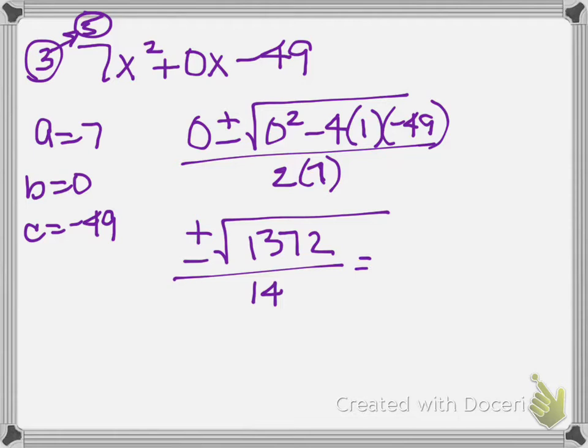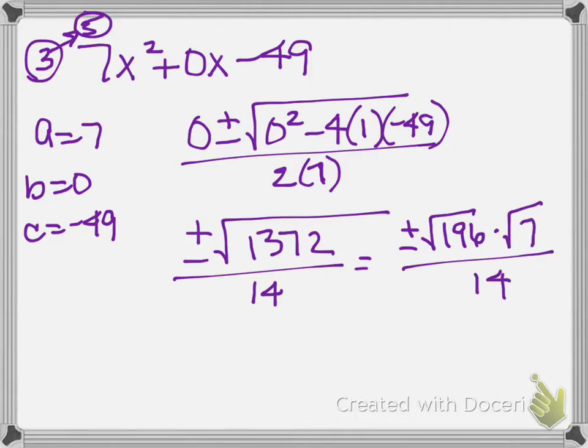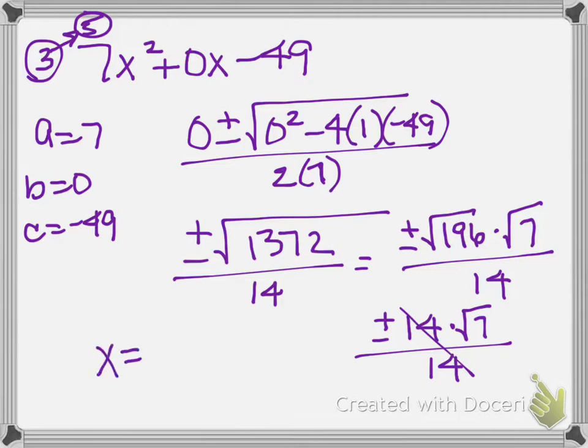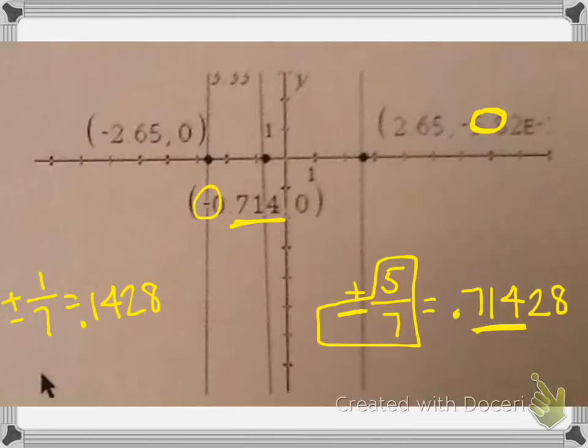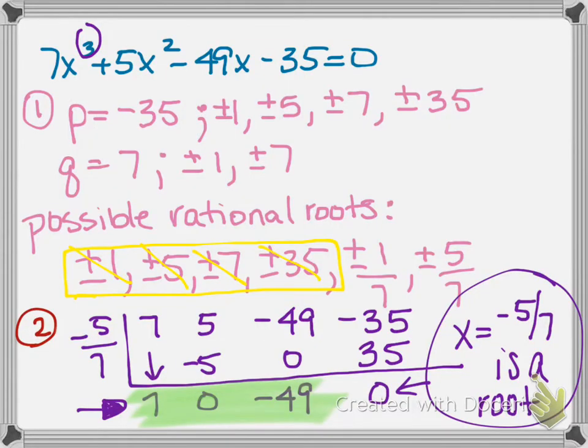So square root of 1372 can actually be broken into the square root of 196 times the square root of 7 over 14. Square root of 196 is 14 times the square root of 7 over 14, so that'll cancel, and my answer will just be plus or minus the square root of 7. There are my other two roots. Remember back at the beginning I said we needed 3 roots? There they are. I have plus square root of 7, minus square root of 7, and negative 5 over 7.